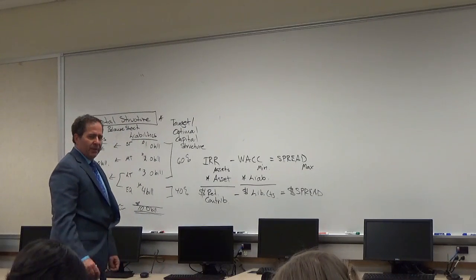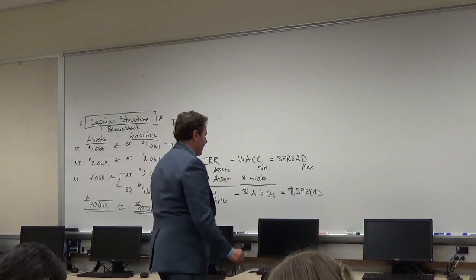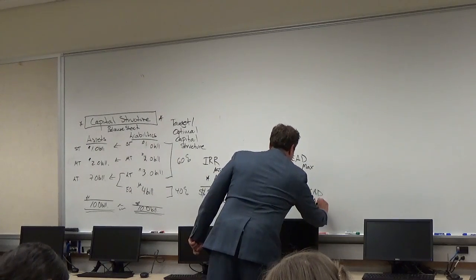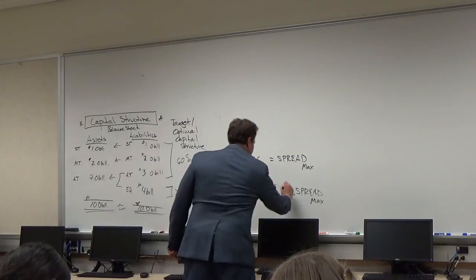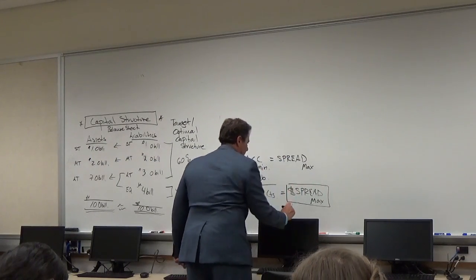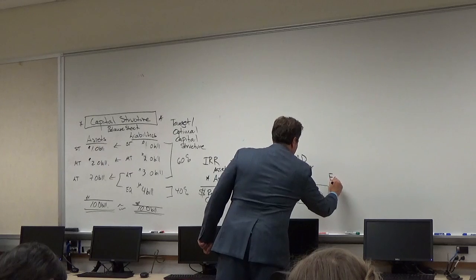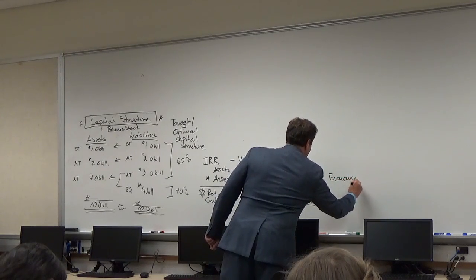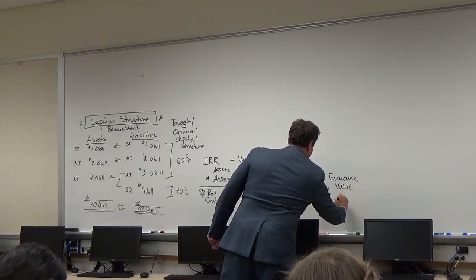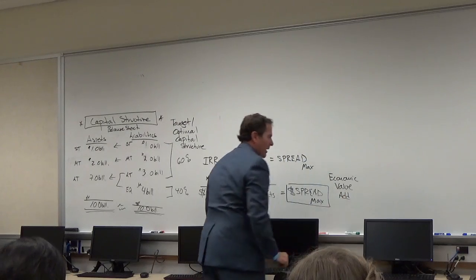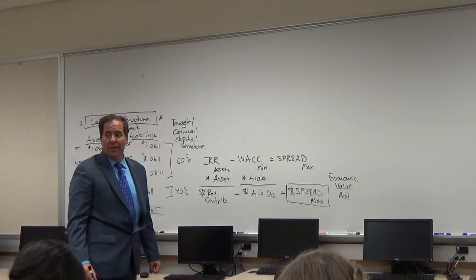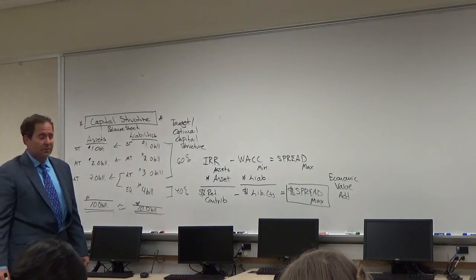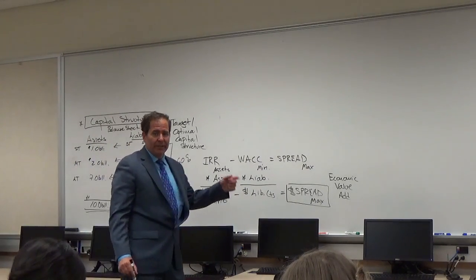And this is a very simplistic model. The goal here is you want to maximize that too. Once you get to the dollar amount, this is called the economic value add. Can I make investment decisions on the margin that will create economic value for the firm?